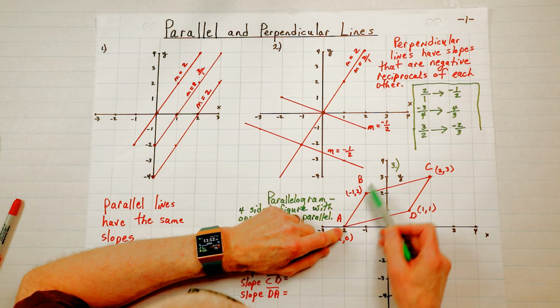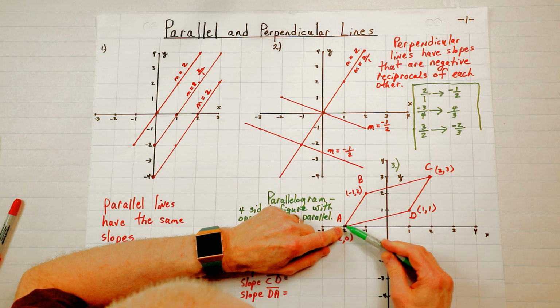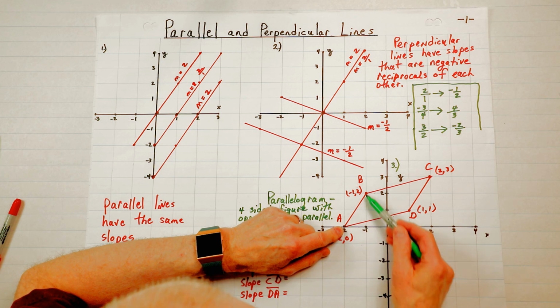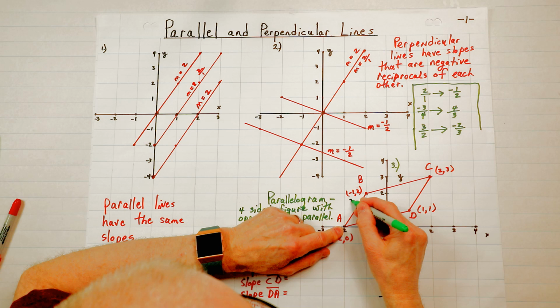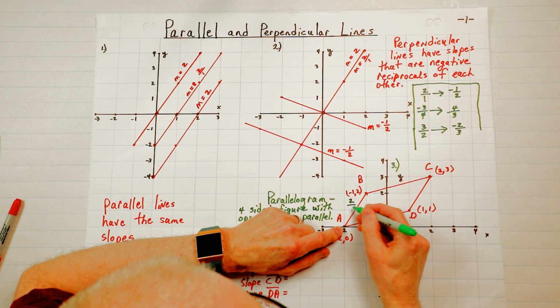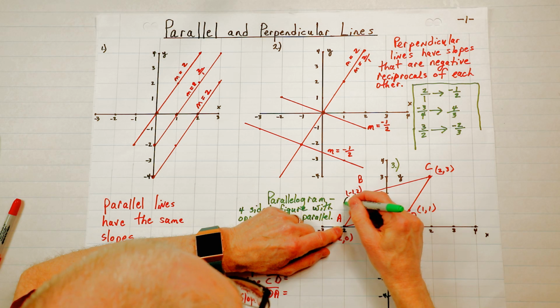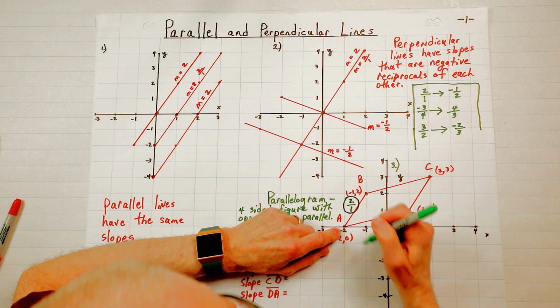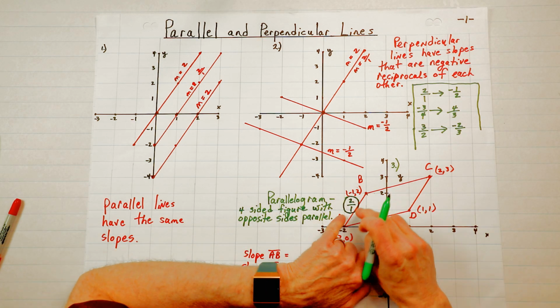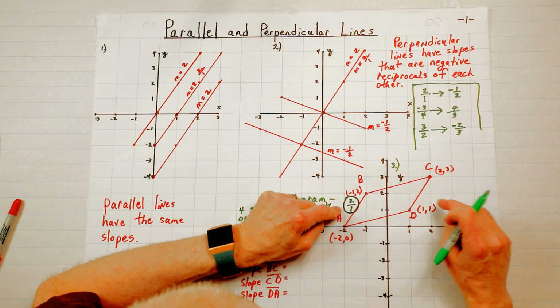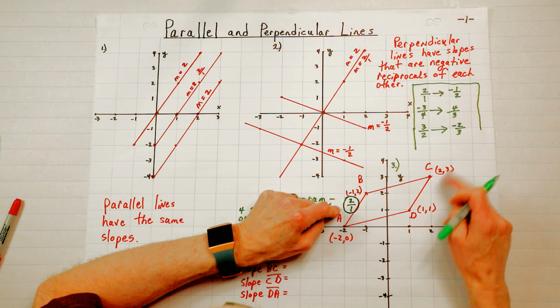here at AB. Okay, so what is the slope of AB? All right, we go to the right 1 and up 1, 2. Rise is 2, the run is 1. Right 1, up 2. I'm going to circle this, make it stand out. Now let's go to the opposite side of AB, which is DC or CD.